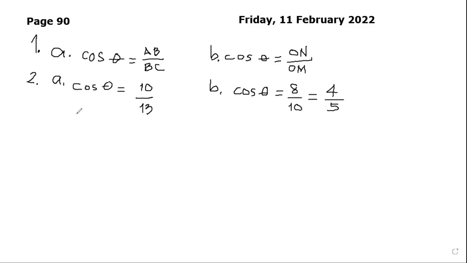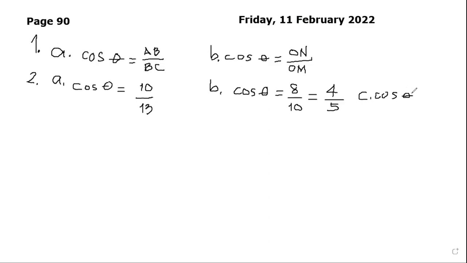Okay, number 3. Letter C. Cosine theta equals. What is the hypotenuse? The hypotenuse is unknown.